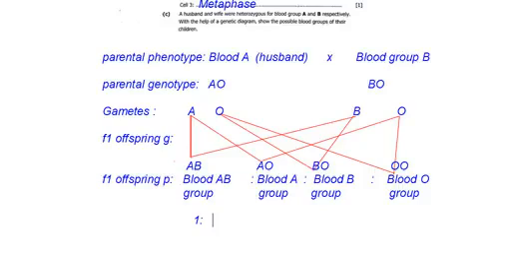Then we also have another one offspring for blood group A. Then again one offspring for blood group B. Again one offspring for blood group O. So this simply shows that for this couple there are 25% chances of them having a child with blood group AB, blood group A, blood group B and blood group O.